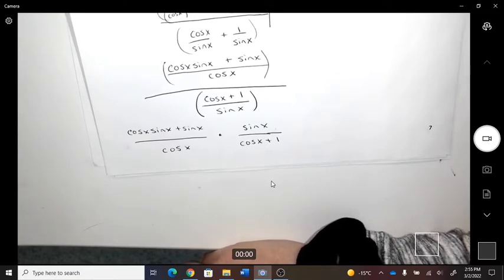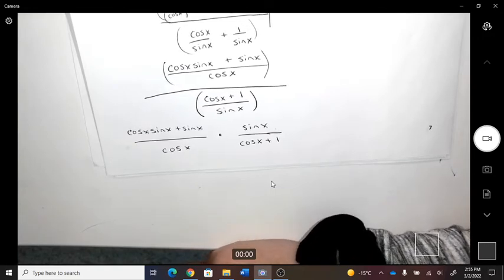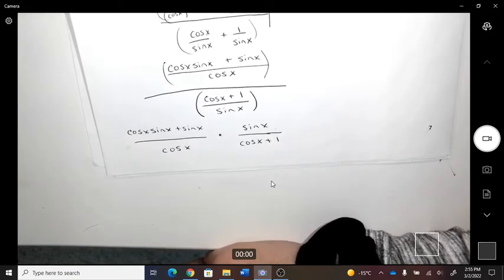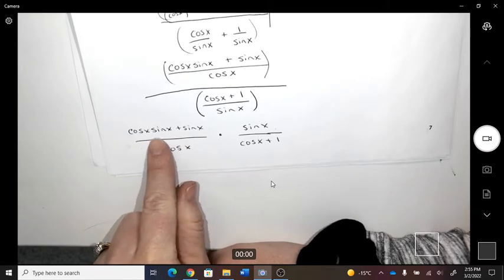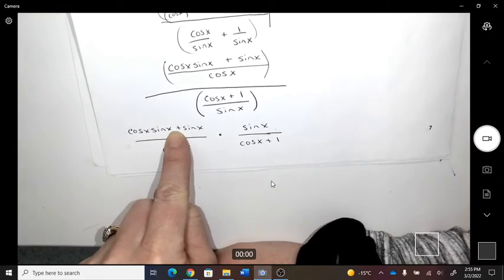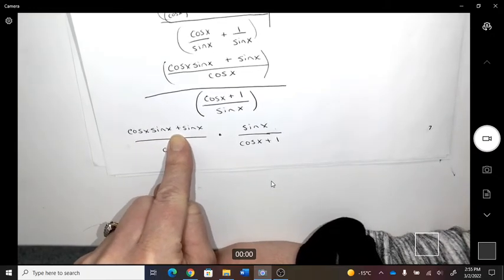Okay. Right now I have nothing going on that I can do. Anybody see one thing to work with? There's nothing that cancels right now. Has to do with this. The terms added together?